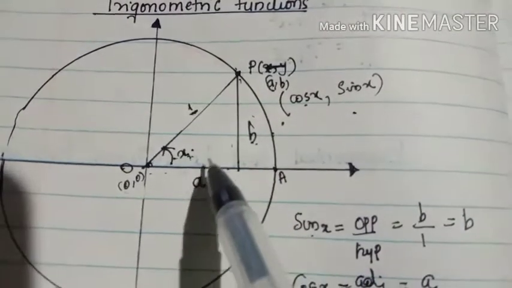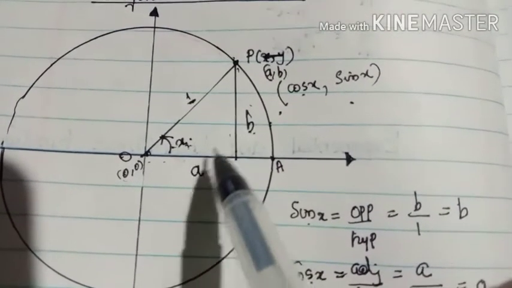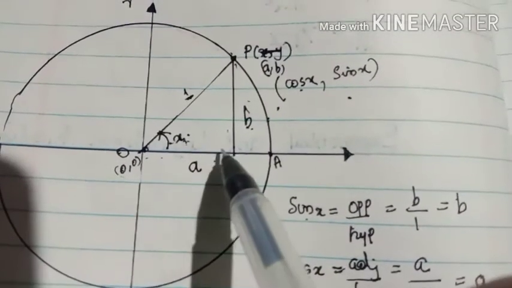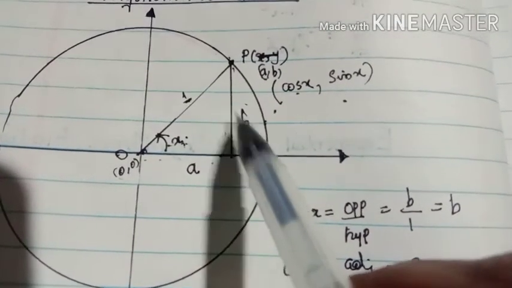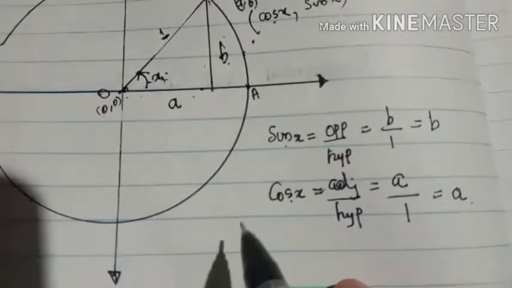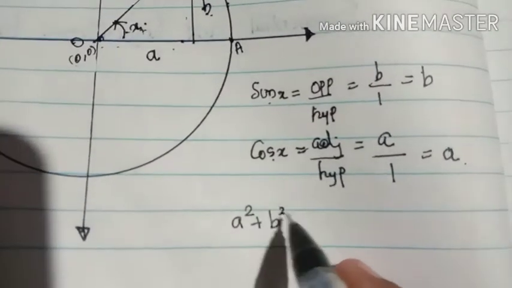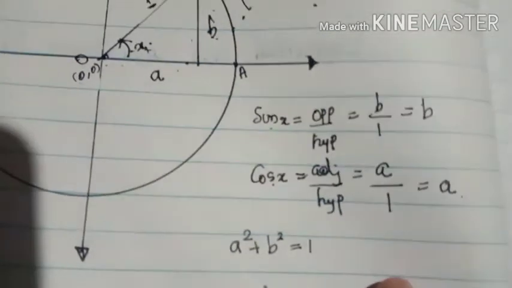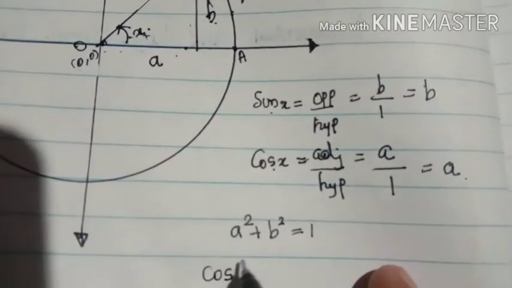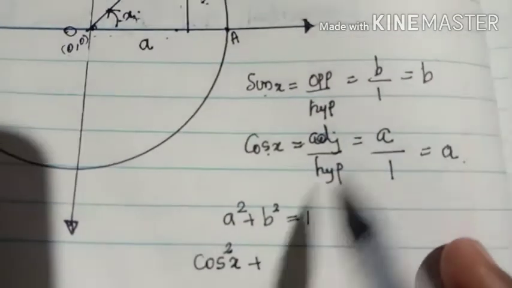Now this is a right angle triangle, so we can apply Pythagoras theorem. A is base, B is altitude and 1 is hypotenuse. So base square plus altitude square equals hypotenuse square, that is A square plus B square equals 1. What is A? Cos x. So A square is cos square x, plus what is B?